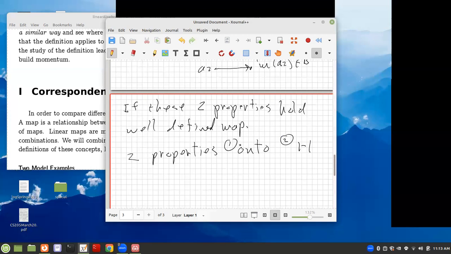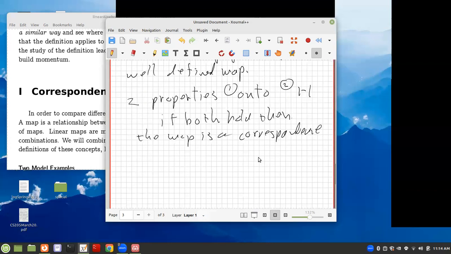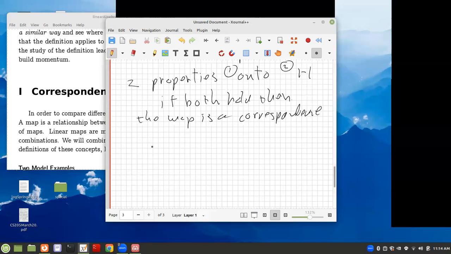And if both of them hold, then the map is called a correspondence. Sometimes you say one-to-one correspondence to emphasize that's the important point. So let's look at these two properties. You can identify them.